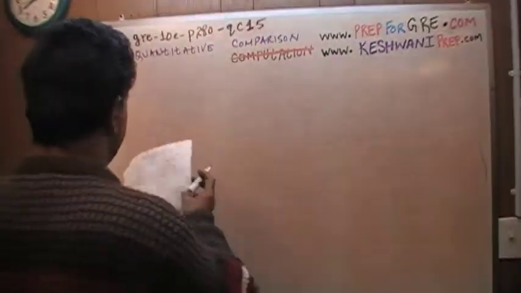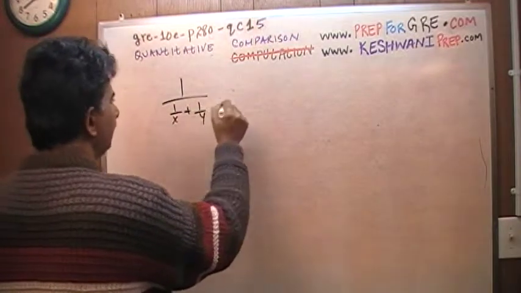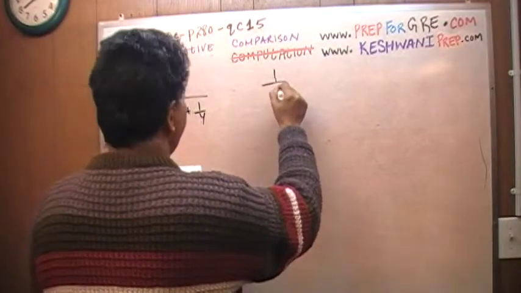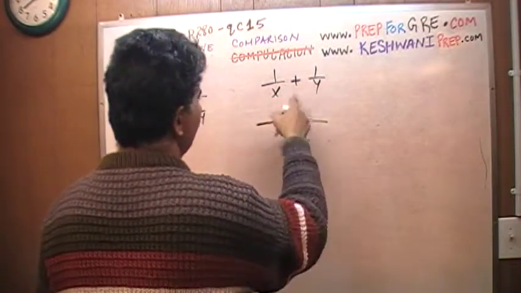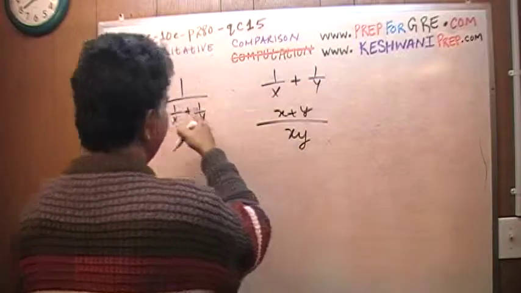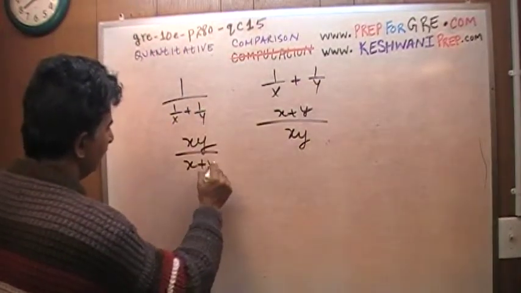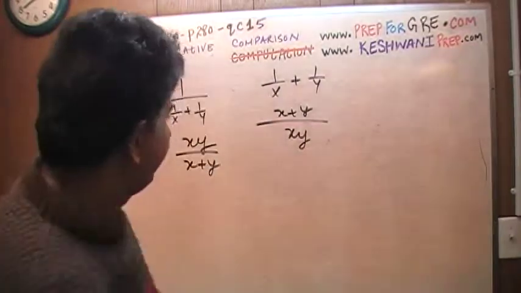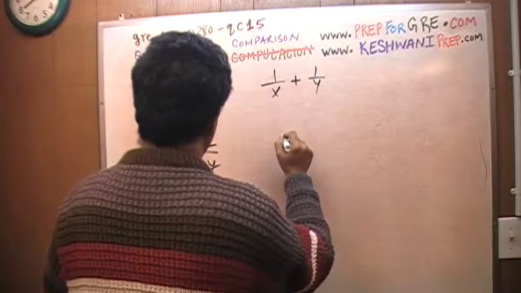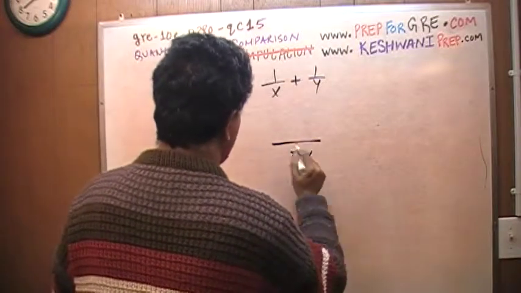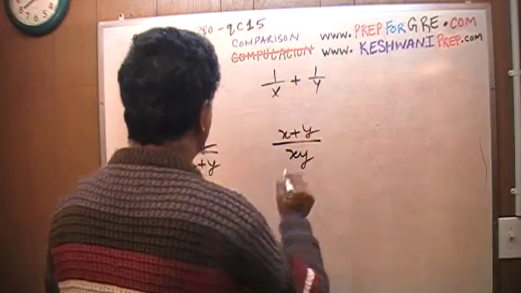The classical way, they tell me that this is 1 over x plus 1 over y. This is 1 over x plus 1 over y. If I take the common denominator, it's x times y, x plus y. And this is going to be the reciprocal, which is going to be x over y times x plus y.